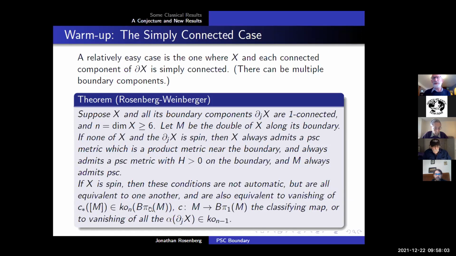Now, by the way, what is the fundamental group in this case? If X and all its boundary components are simply connected, then when you put them together and form the double, it's easy to see that the fundamental group of the double is a free group. So the classifying space of the fundamental group of M is really just a wedge of circles. So it's very explicit.